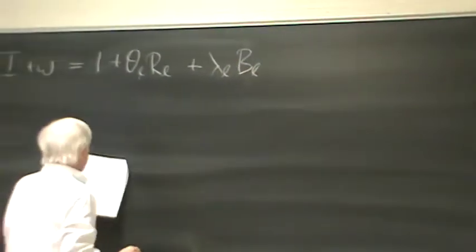Anyway, we have this L as I plus omega, and we're saying that this is 1 plus theta L, RL, sum from 1 to 3, plus lambda L, BL, sum from 1 to 3.